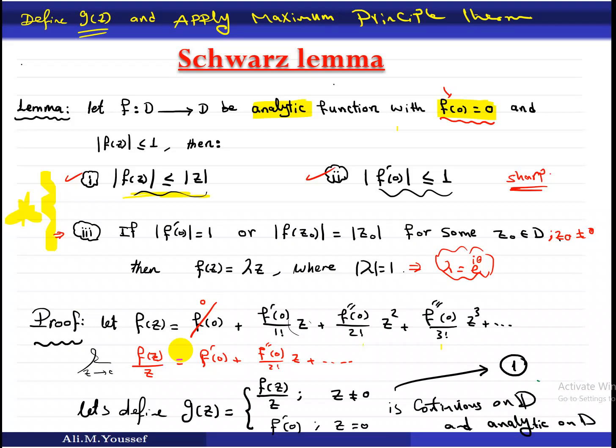And I'll ask you, how can I estimate the function? How can I estimate the derivative at 0 or the derivative at any point? It's very important. For this part, we will call it the Schwarz lemma. I have an analytic function from d to d, and I don't have the assumption that f of 0 is equal to 0. This is our case.